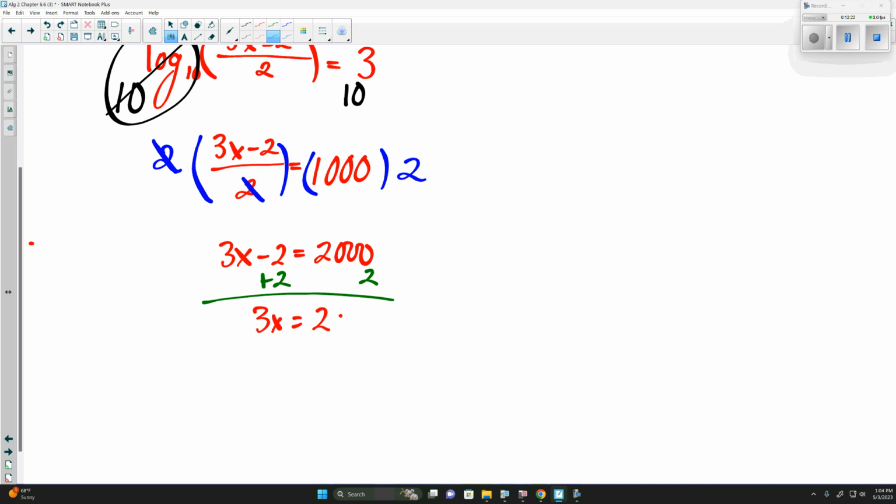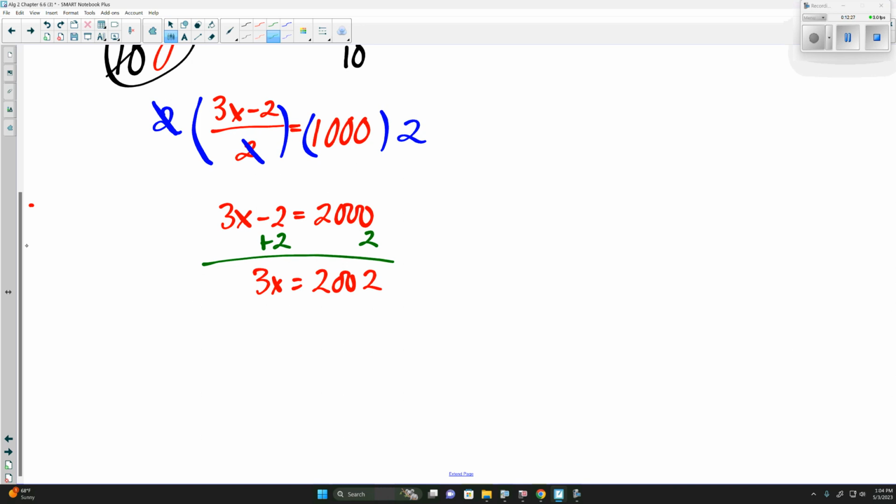Three x is equal to 2002. Will it divide evenly? So we can just leave it as 2002 over 3. Now most likely this one's going to work because it is positive.